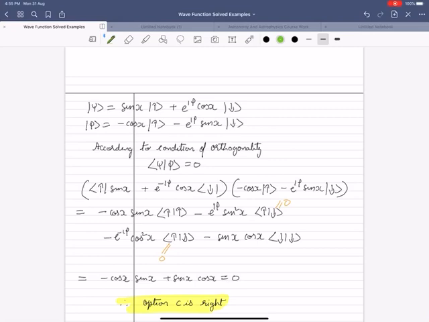By taking a scalar product, psi will become from ket to bra, and phi will remain in ket, and the scalar product will be equal to 0 because of the orthogonality condition.